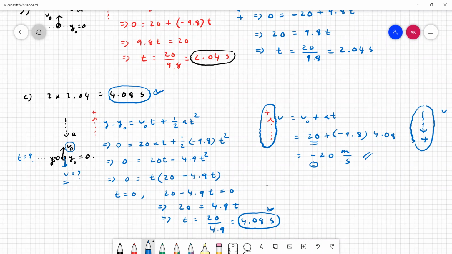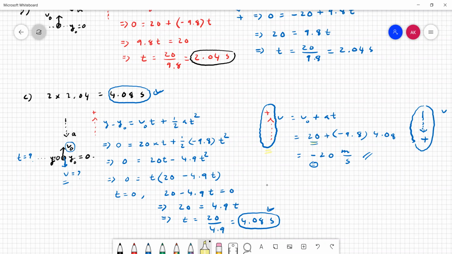Which direction are we throwing the ball initially? Upward. V naught is upward. Do you see the arrow going upward? And our coordinate axis is upward, so V naught will be positive.